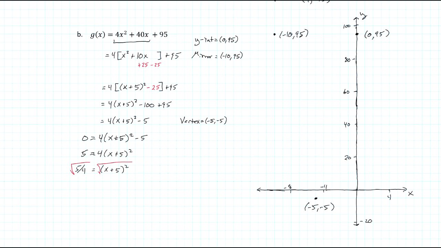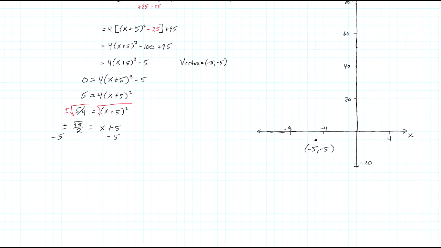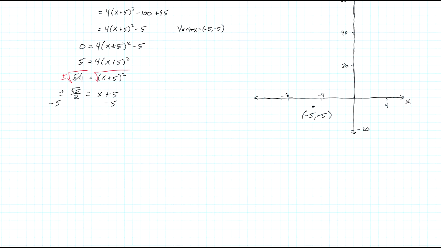When I take the square root of both sides, don't forget the plus and minus, I will get plus or minus the square root of 5, and then I can actually take the square root of the 4, which is 2, in the denominator now. And so that'll equal x plus 5 when the square root and the square cancel. I will subtract 5 from both sides, so that I get negative 5 plus or minus square root of 5 over 2 equals x.